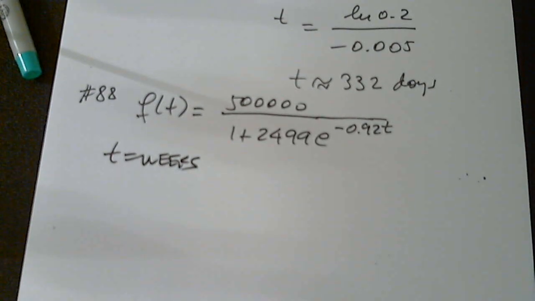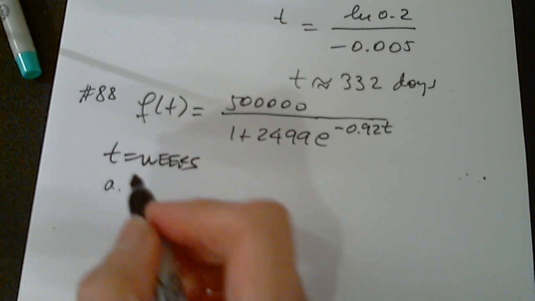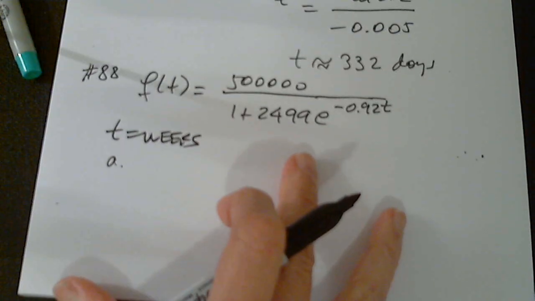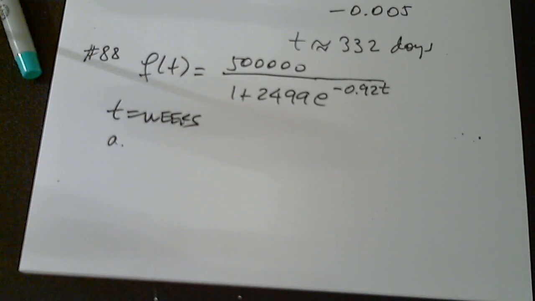Okay, I made my note. How many people became ill with the virus when the epidemic began? What am I asked to find? How many people became ill with the virus when the epidemic began?